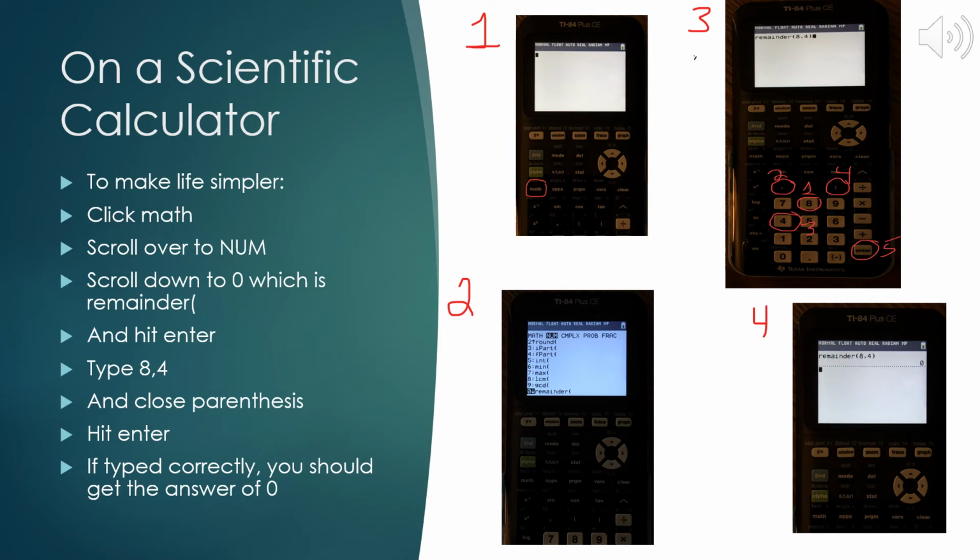So on your calculator, you would click on Math, as I've circled in picture number 1, scroll over to NUM, scroll down to 0, which should say remainder, comma, as I've shown in picture 2, hit enter, type 8, 4, and close the parentheses, and then hit enter, as I've shown in picture 3, and I've numbered every button just to make it even simpler. And if you've entered everything correctly, you should get the answer of 0.